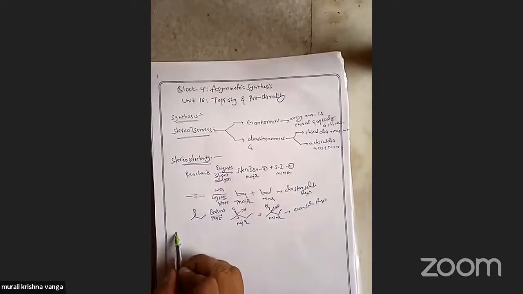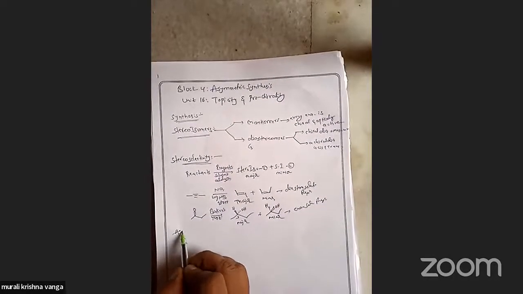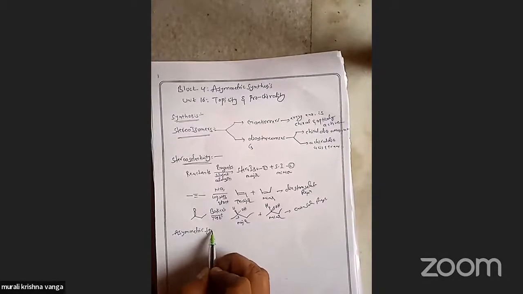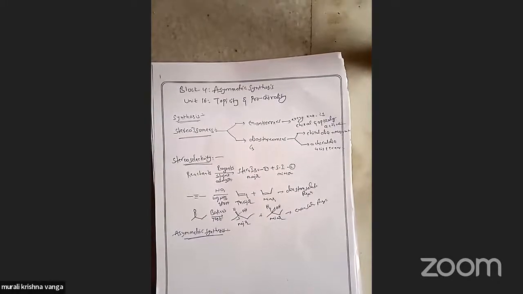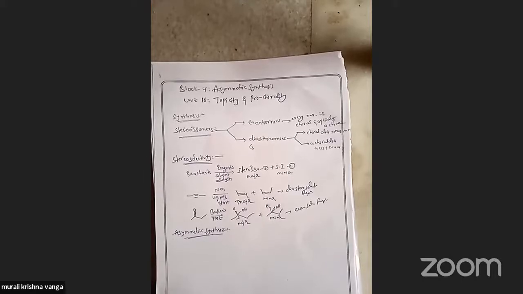Next one is very important: asymmetric synthesis. Definition I am giving you. Any chemical reaction which produces an unequal amount of chiral stereoisomers or exclusively one chiral stereoisomer is called asymmetric synthesis.